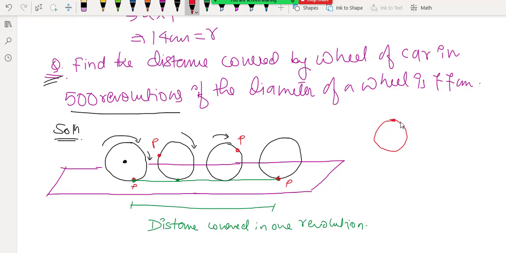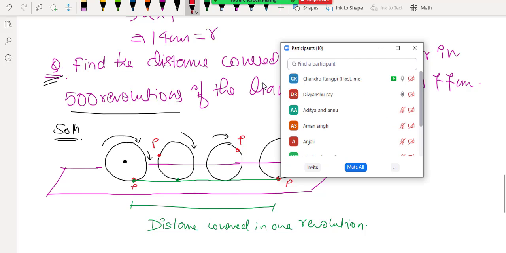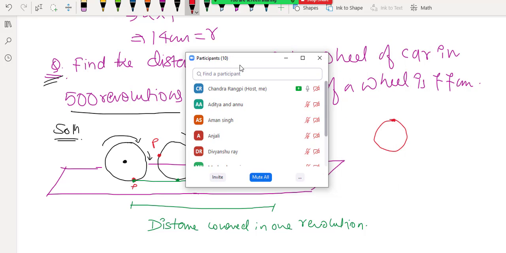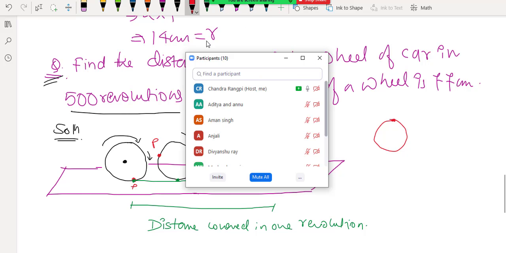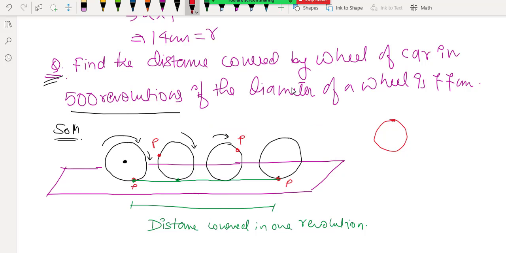The length of its circumference. बोलो कि circumference होगा। What will be the length of this perimeter? Anyone? Circumference. Yes, that will be circumference. Very good. The length of this circle will be circumference.